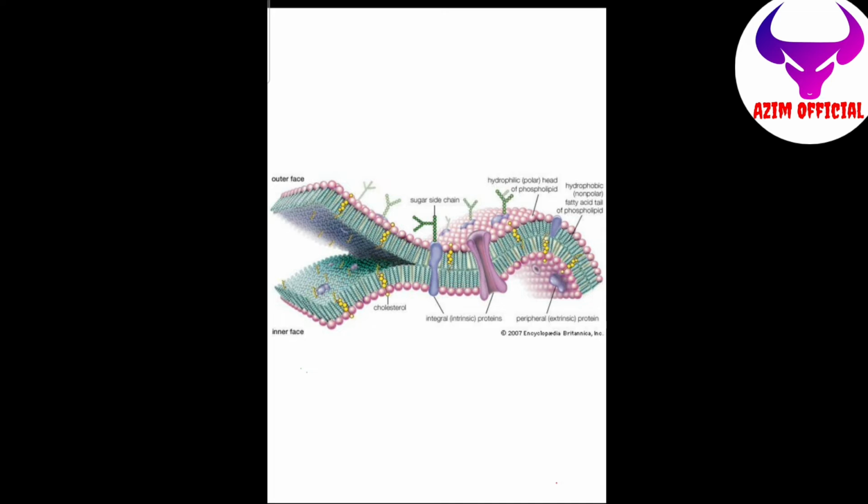Cell membrane protein done. Now write down the functions of cell membrane carbohydrate. Do you know what is the function of the cell membrane carbohydrate? Anyone? Some of the carbohydrates are attached to lipids, forming glycolipids. Yes, glycocalyx of the carbohydrates are already there.